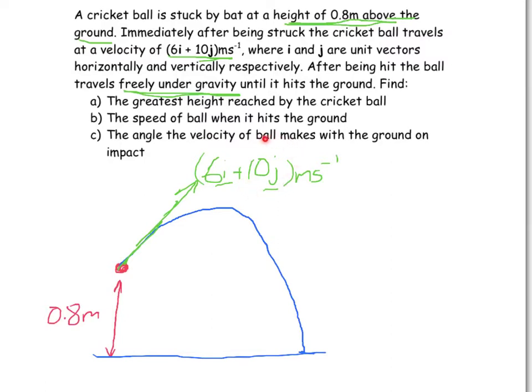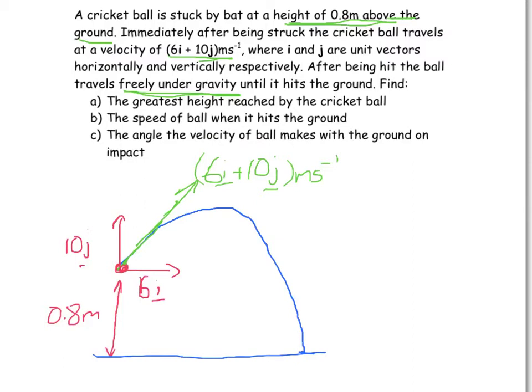The 10j represents the vertical component and the 6i represents the horizontal component. So, in this direction, we've got our 6i, and in our vertical direction we've got our 10j.